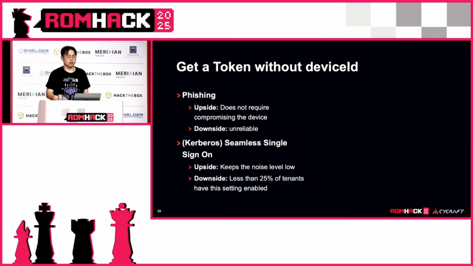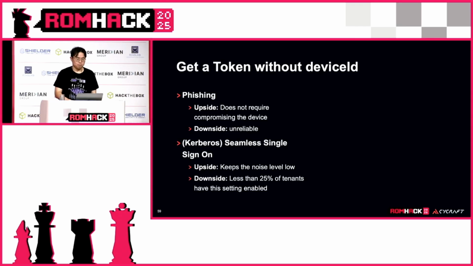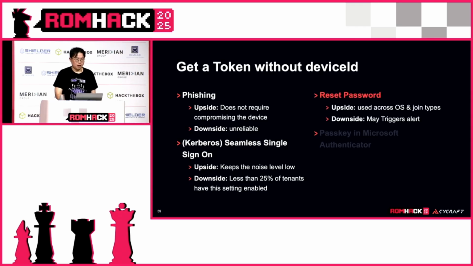The upside is the noise level is very low, but the downside is, based on our research and Dr. Nastori, who will talk later, around 3 years ago about 25% of tenants had this setting enabled. It's not too many. The third method is resetting the password. The upside is it works across different OS and join types. The downside is the user might notice the password has been changed. We will talk about this part later.